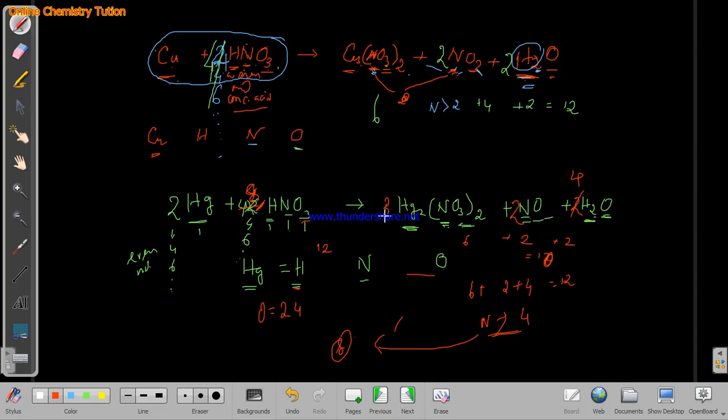Okay. To make nitrogen number 8, you have to bring it 6, and you have to make here 3. Make here 3, so that the nitrogen atom should be 6, and bring nitrogen atom number the same on both the reactant and product side. You will check that the number of Ag atoms here is 6, 3 into 2, 6, and you have to make it 3, so that the Ag number should be balanced.